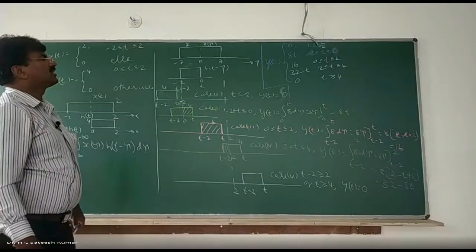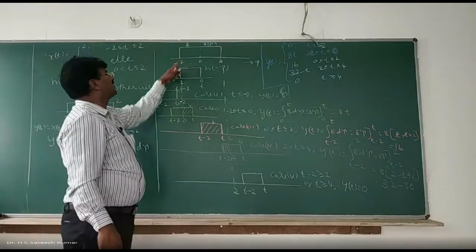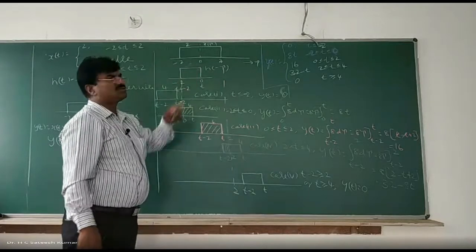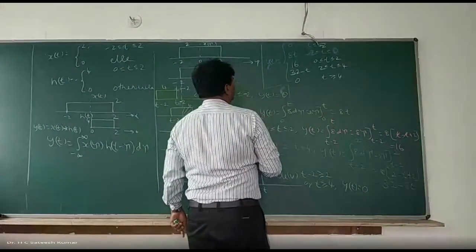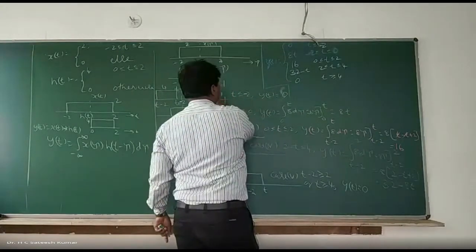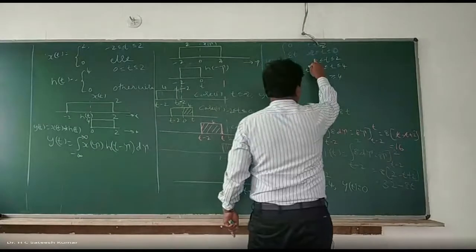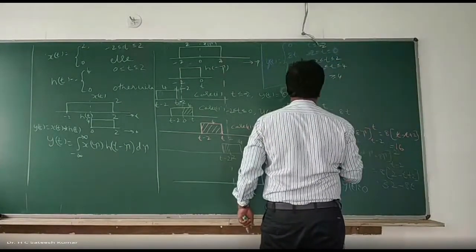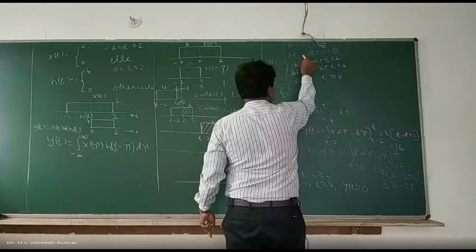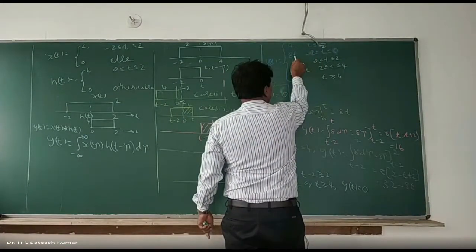As long as this edge is before minus 2, no overlapping, answer is 0. So t less than or equal to minus 2, y of t is 0. So the ranges are minus infinity to minus 2, minus 2 to 0, 0 to 2, 2 to 4, 4 to infinity. So cases are correct. Minus 2, what is the value? You substitute minus 2 here.